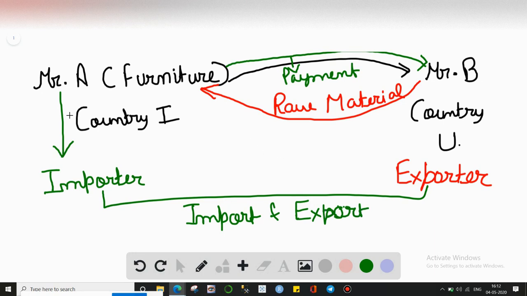To facilitate the process of importing and exporting between two different countries or between multiple countries, there applies import export procedure, applicable in respect of a specific country. Now there are two types of agreements between exporter and importer. Let's write down them.